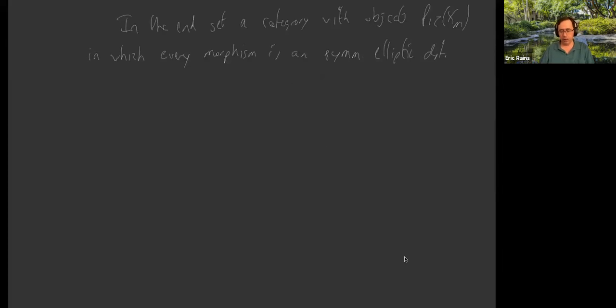Okay, so we have this category, and every morphism is a symmetric elliptic difference operator. And moreover, the dimensions are all constant as our parameters vary.